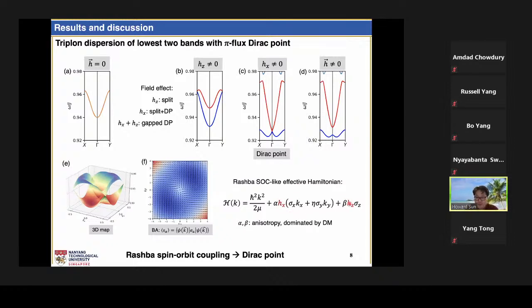The out-of-plane magnetic field acts as a Zeeman field, which can split the band. So basically, the in-plane magnetic field induced Rashba spin-orbit coupling contributes to the Dirac points.